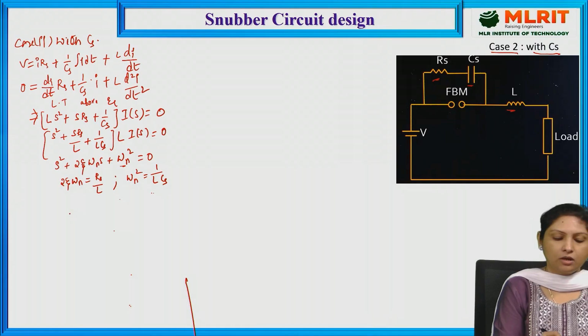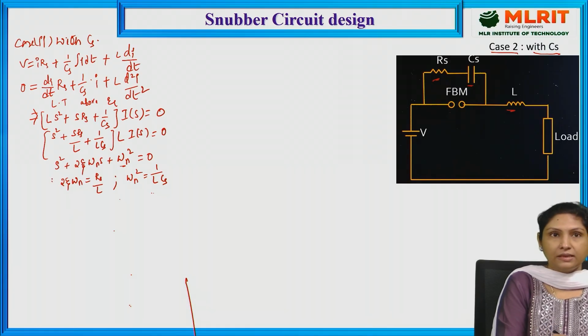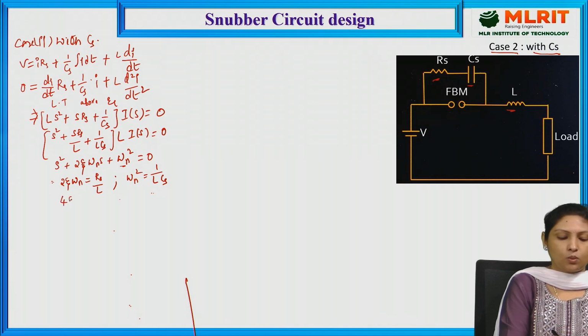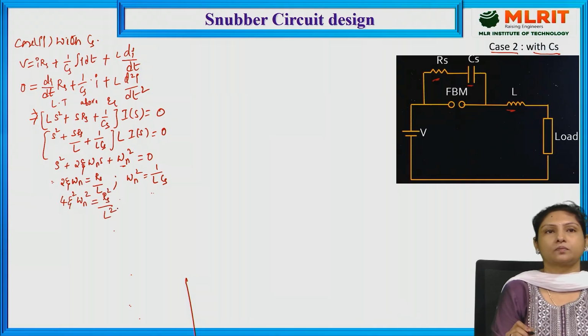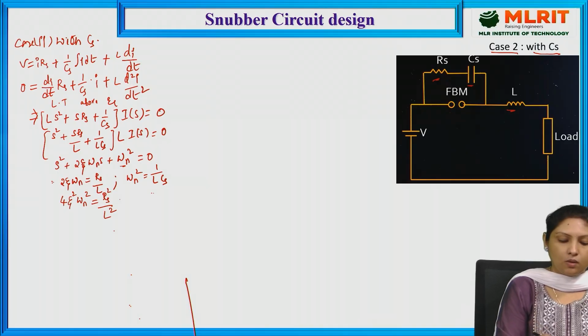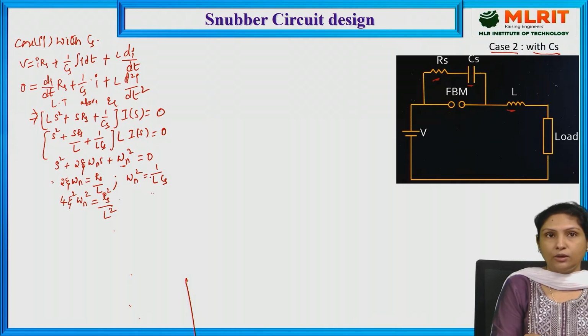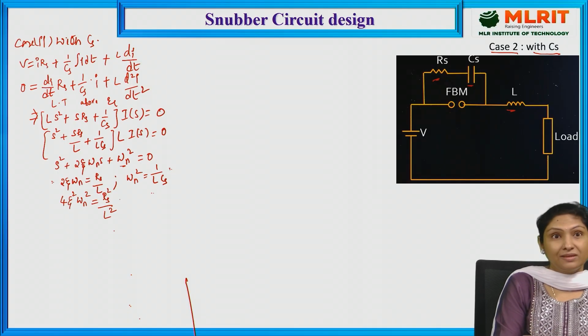And here let me square this equation. In that case, squaring on both sides, we get 4 zeta square into omega n square is equal to Rs square by L square, where let me substitute the value of omega n square from this equation.